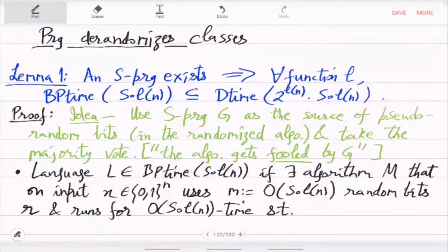So this algorithm M requires M random bits and also runs for a similar amount of time, and then it outputs an answer which will be correct with probability 3/4.